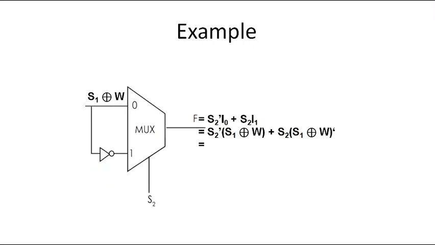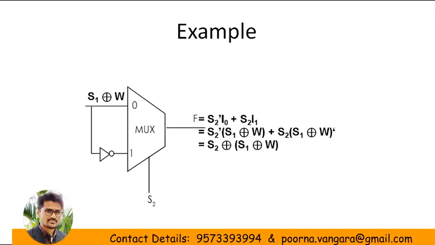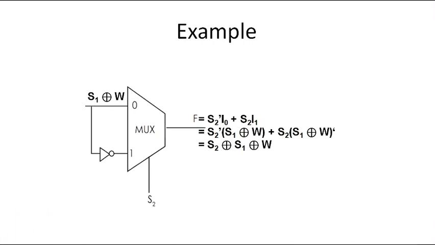Now if you observe this S2 bar times S1 XOR W, consider S1 XOR W as some other term like X, then it is S2 bar X plus S2 X bar, which is the XOR operation between these two, S2 XOR S1 XOR W. Whenever you come across this kind of expression, you can remove these brackets, so that is S2 XOR S1 XOR W. The order may not be the same, but even if you change the order the result will be the same.